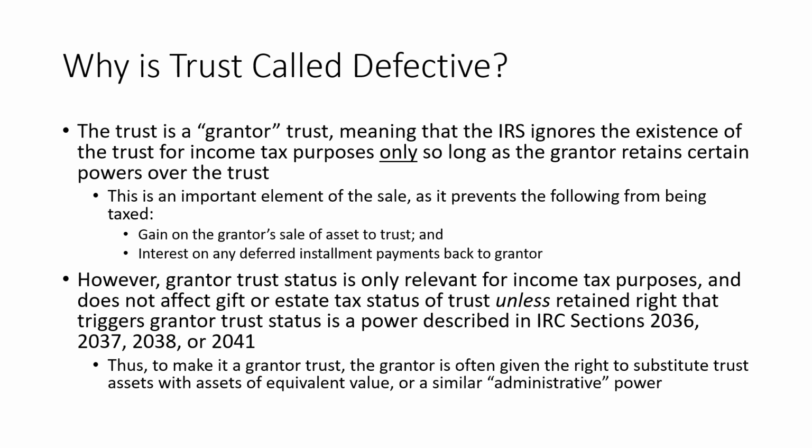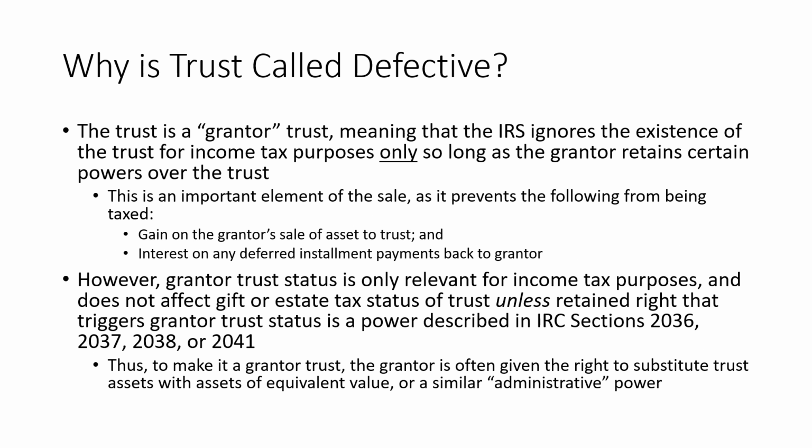So why is the trust called defective? Well, the reason is that for income tax purposes, it's a grantor trust, which means that the IRS ignores the existence of the trust only for income tax purposes, but the IRS would respect the existence of the trust for gift and estate tax purposes.